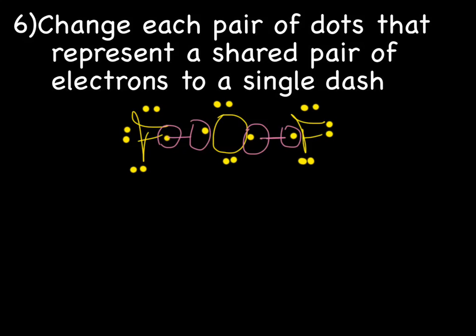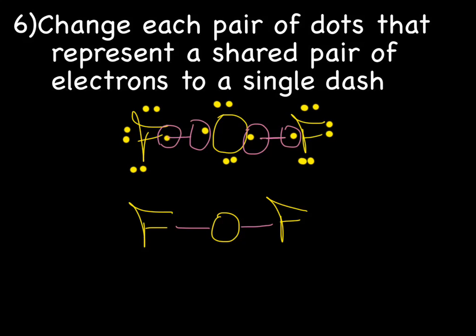All right, so the very last step is to change each pair of dots that represent a shared pair of electrons to a single dash. So all that pink stuff we're going to turn into a dash. I'm going to start by writing my F and O and F and connect the dots. Oh, you know what? I'll do that in pink to make it more obvious.